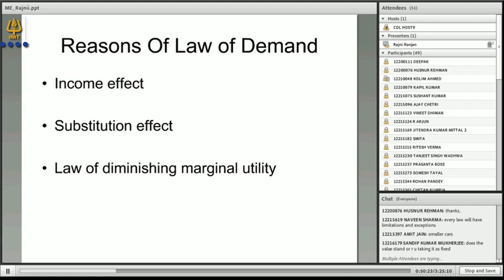Then if the prices of apples go up, I'll start switching my preferences to its substitutes. So the price of apple goes up, its demand also comes down, because consumers start switching to its substitutes. So this is known as substitution effect.